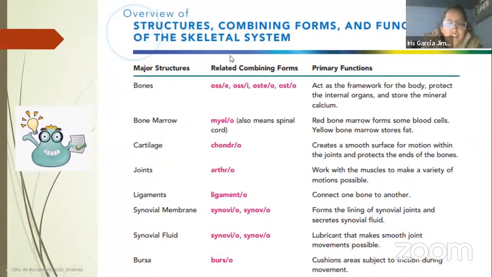Because here we have the word roots in order to understand what we are talking about. That's why I like to use this and show you. As major structures, we have bones, bone marrow, cartilage, joints, ligaments, synovial membrane, synovial fluid, and bursa. So we have to consider this, okay?